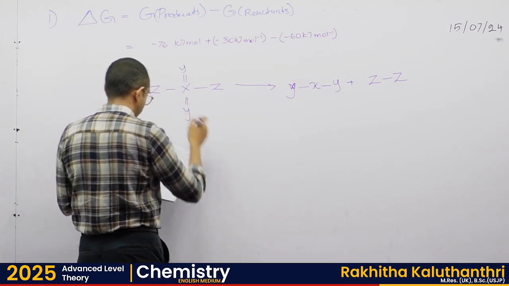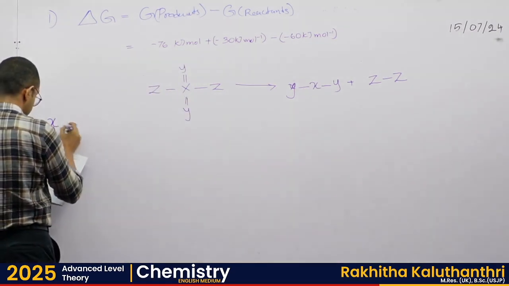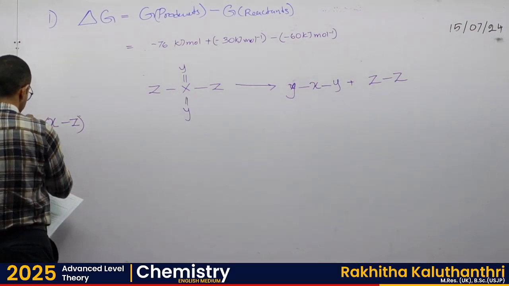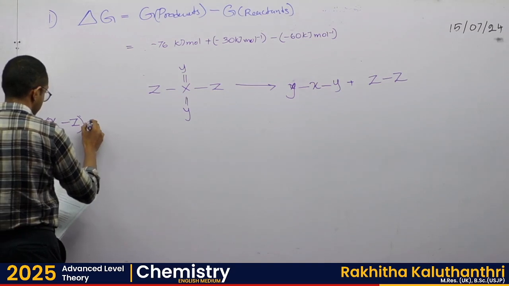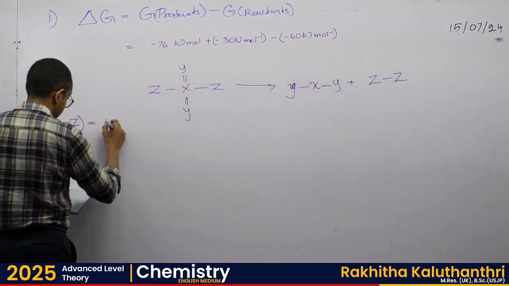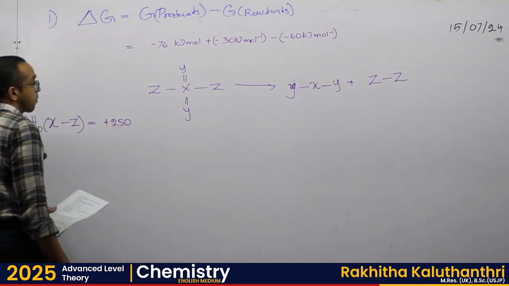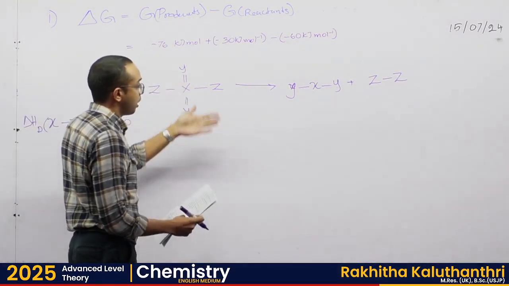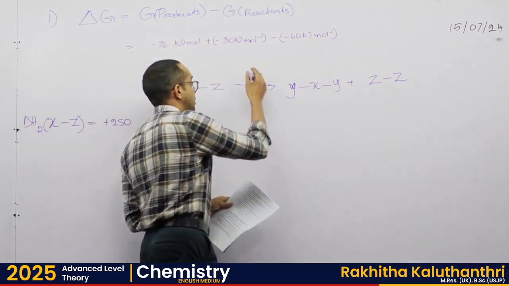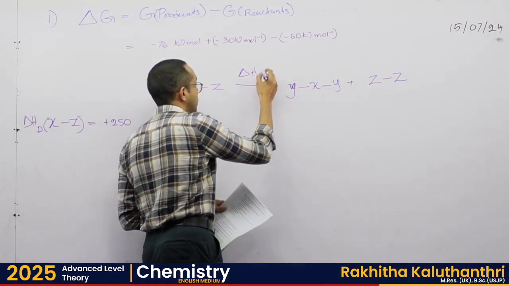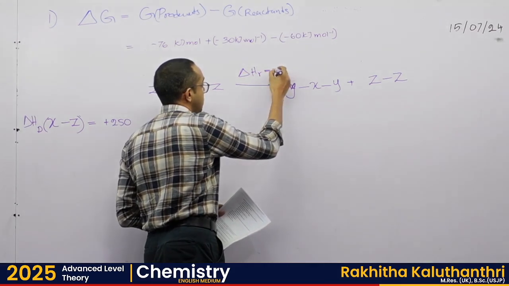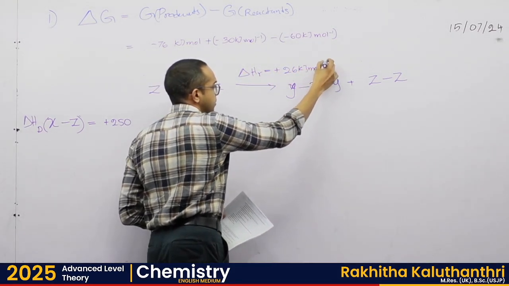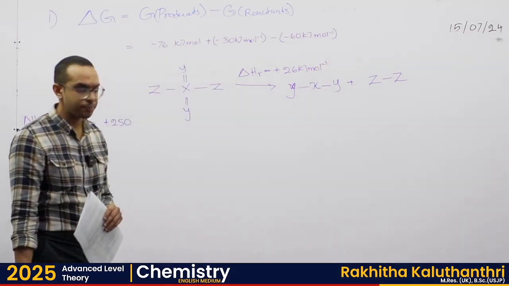That means this particular bond enthalpy. Anyway, we already know the total enthalpy change of this reaction. I'll write that here too. Delta H reaction enthalpy is how much? It was plus 26 kilojoules per mole, right? That's what we obtained earlier, right?